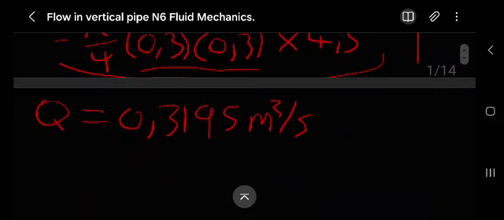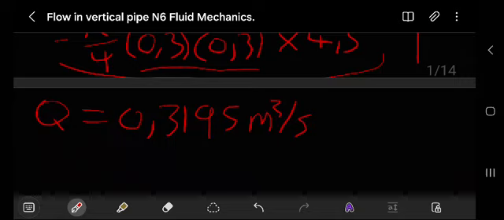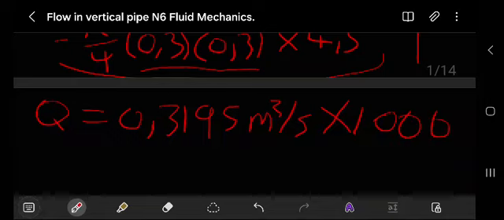Then I'll multiply this answer by 1000 to convert.